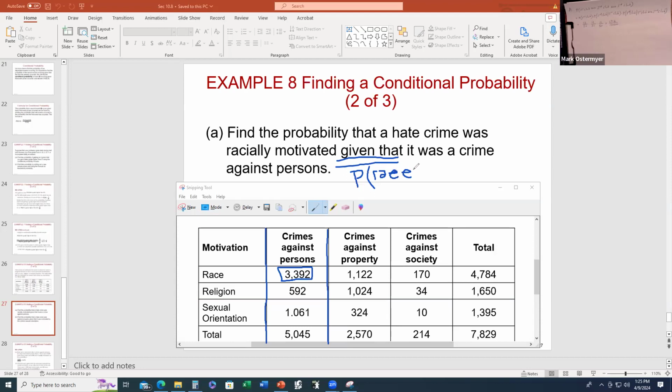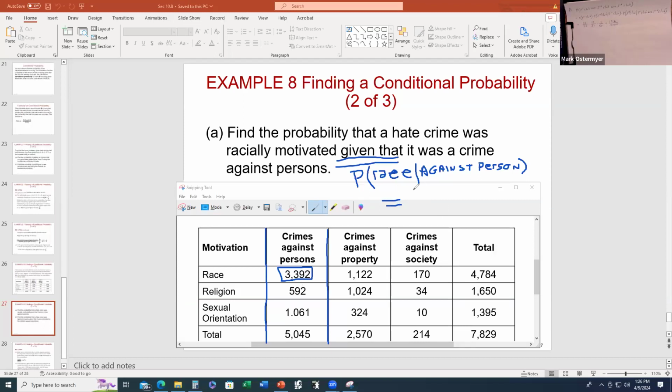Given that the crime was against a person, locks us again into this first column here. Locked in the first column, therefore, what is the probability that it was racially motivated?